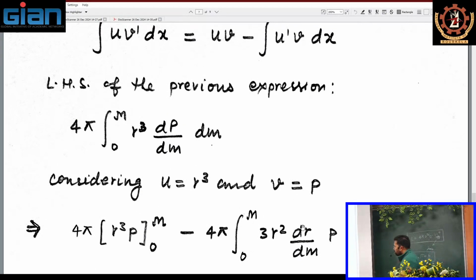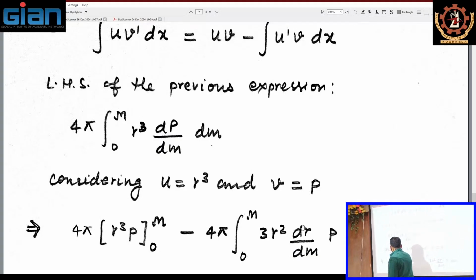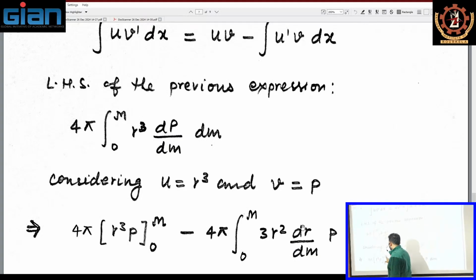is the first expression, which would be just u into v, and v would be P, and then obviously you have to also take the limit from 0 to capital M. So this is 4 pi, and inside the bracket you have r cube, this is our u, and you have P, which is actually v.